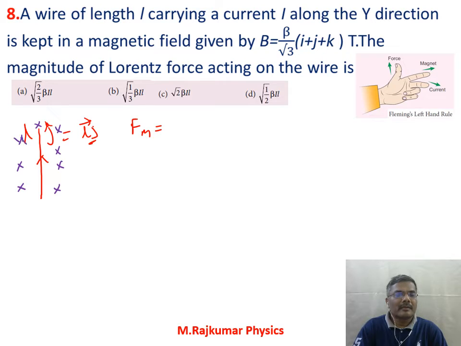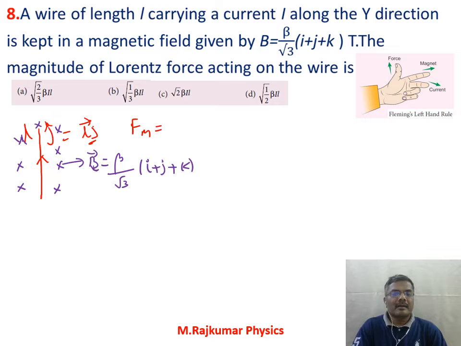The magnitude of this magnetic field is given by B vector, which is beta divided by root 3 into i plus j plus k. This is the direction of the magnetic field B, and the direction of the current is along this y direction.